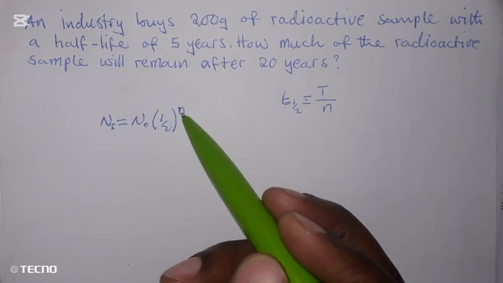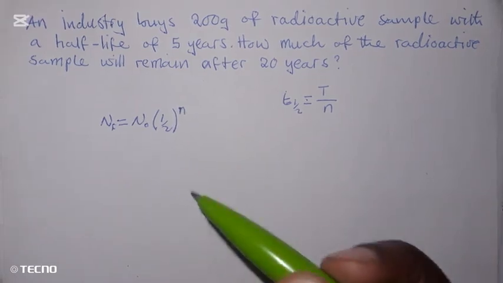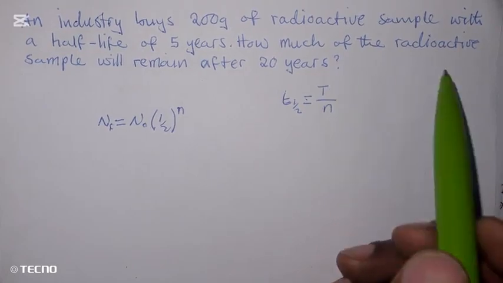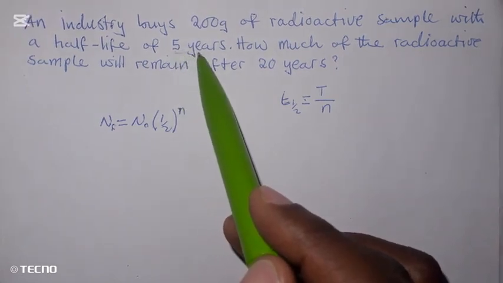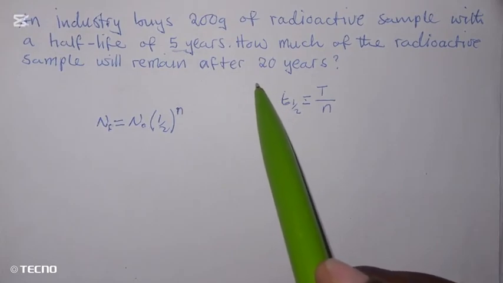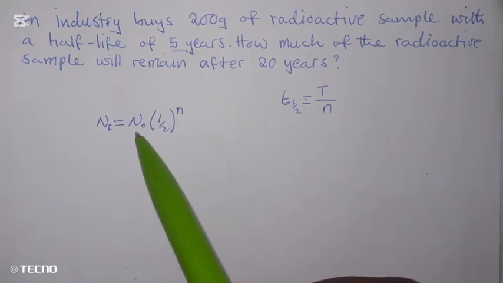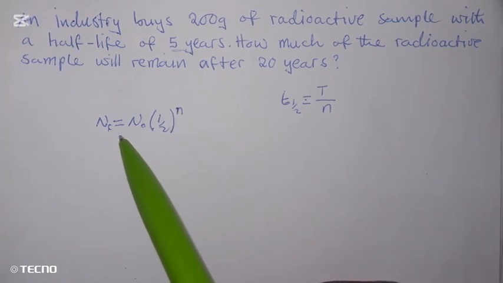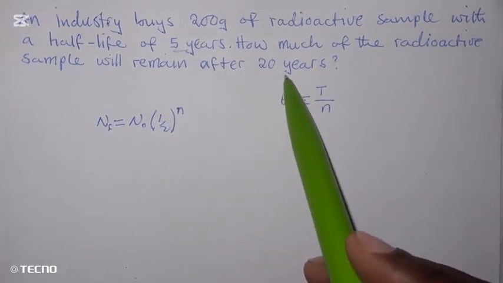Then n here represents the number of half-lives. So in this case, we have been given the half-life here, it's 5. So 5 here represents the half-life. Then the total time that it will take this element to decay, which is what you want to calculate here, is 20 years.